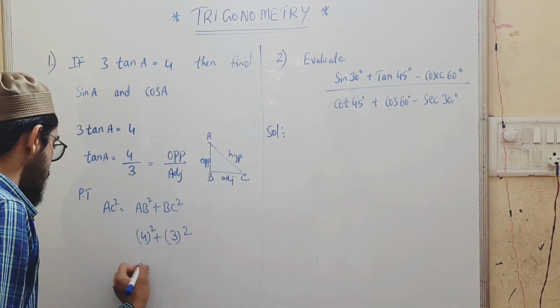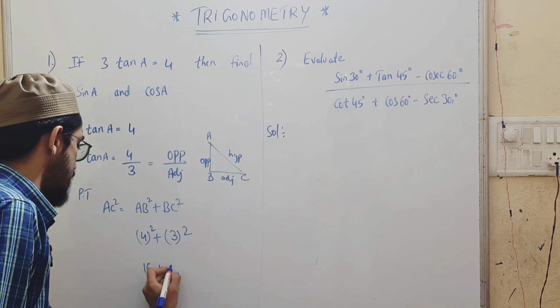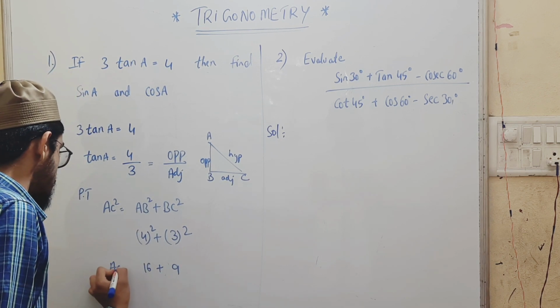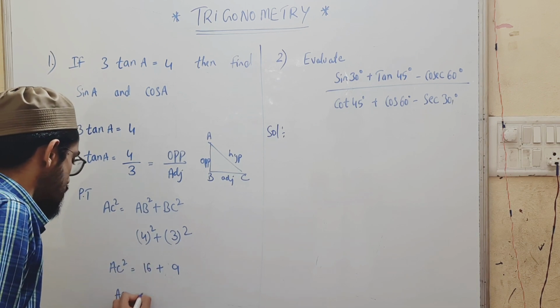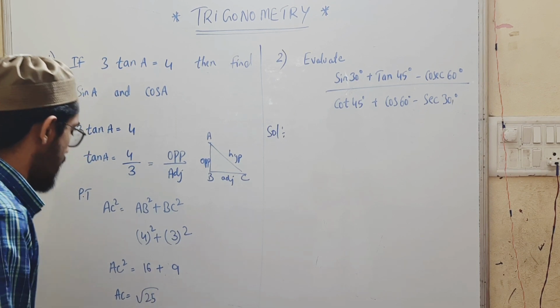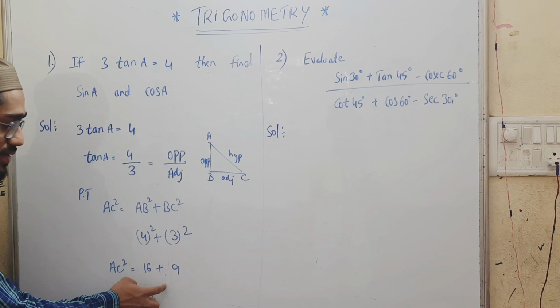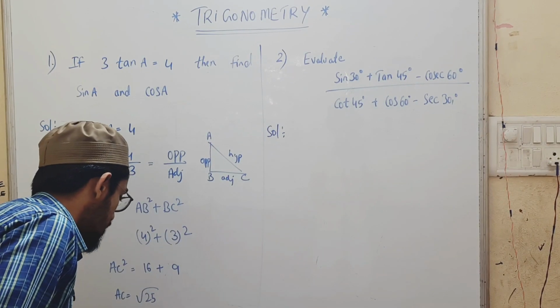Now, what is 4 square? 4 square will be 16 plus 3 square will be 9. AC square, now the square going that side, AC is equal to root 25. Therefore, our AC will be 5. How did 25 come? 16 plus 9 will be 25. So, AC is 5. That is our hypotenuse.